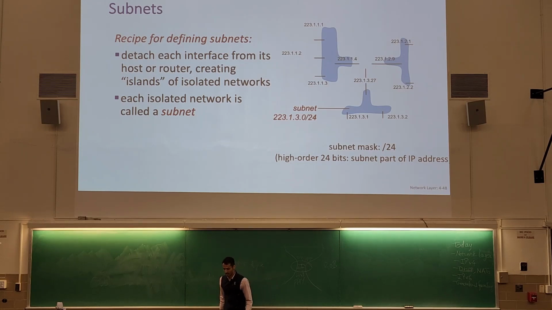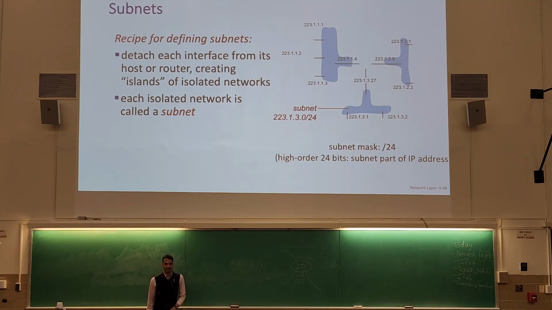So in this example, this subnet is 223.1.3.0/24. A /24 subnet has how many addresses in it? Yeah? 256.